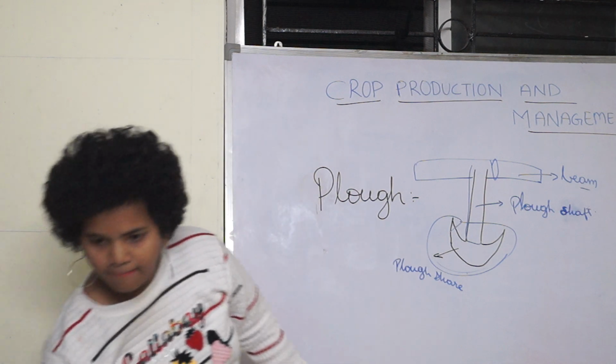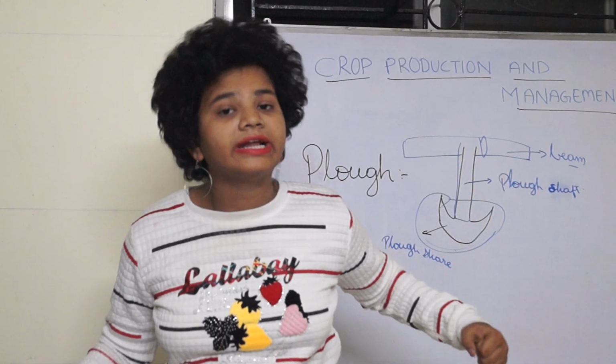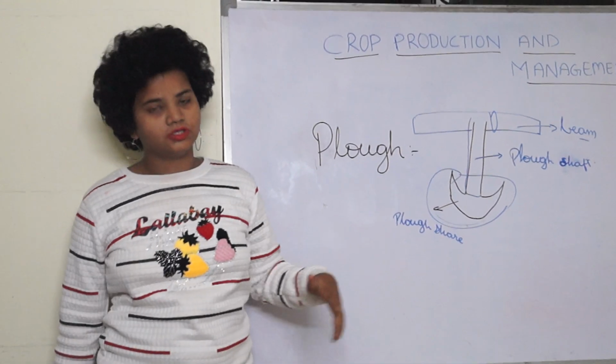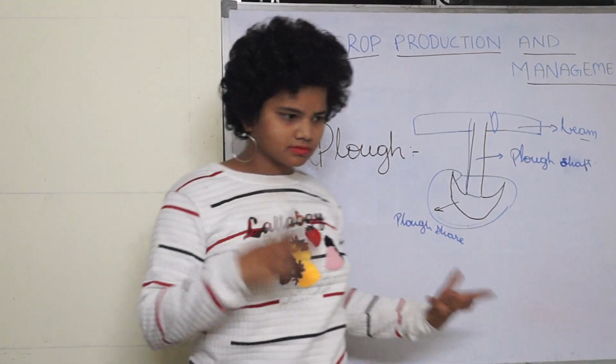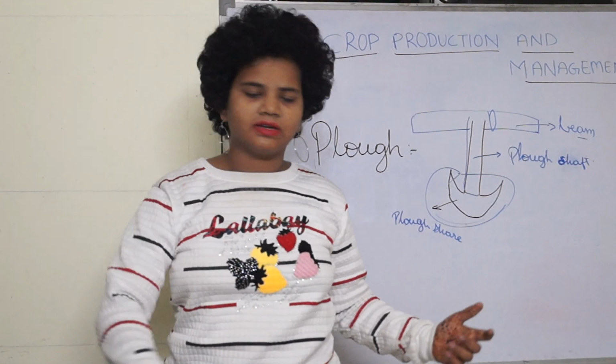By decomposition of the plants and animals, they produce some nutrients and energy for the plants. Understood? Now we completed plow, right? And now let's go for the next one.